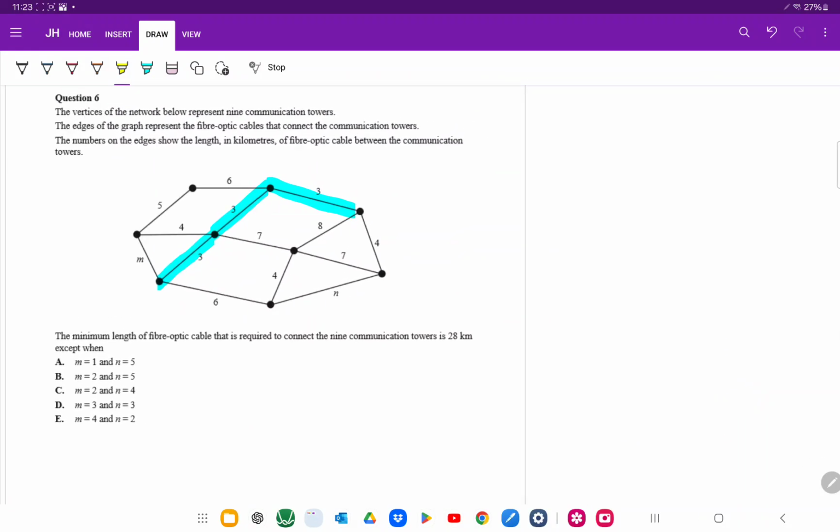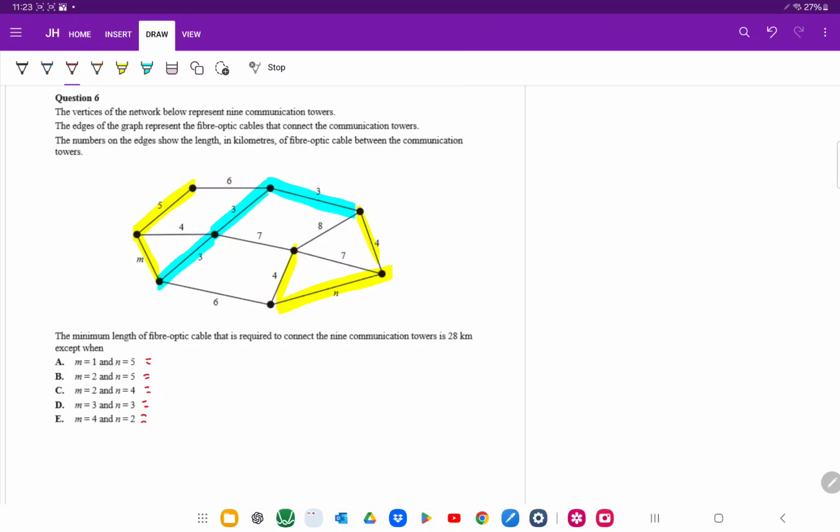So the nodes that we really are in question with are these ones here. Okay, so I'm going to just start off with that in yellow. Now it says, if m equals 1 and n equals 5, we get a connection of 28. So let's investigate what each of these will give us. And unfortunately, this is the only way that we can really investigate this.